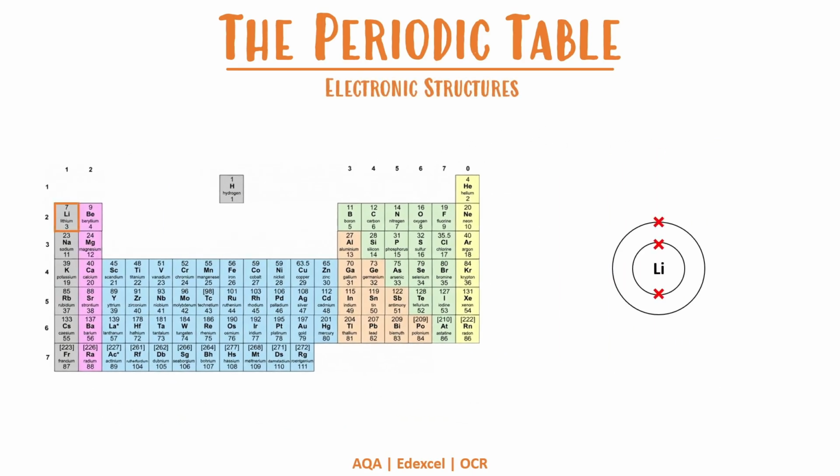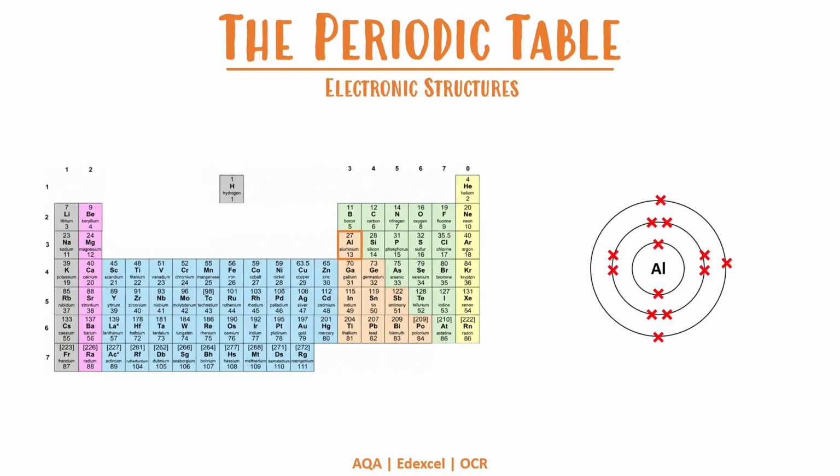We'll take lithium here as our first example, and we can see that lithium is found in period 2. This tells us that it's got 2 electron shells. It's also in group 1, and the group number tells us how many outer shell electrons it has, in this case 1. Let's have a look at one more example.